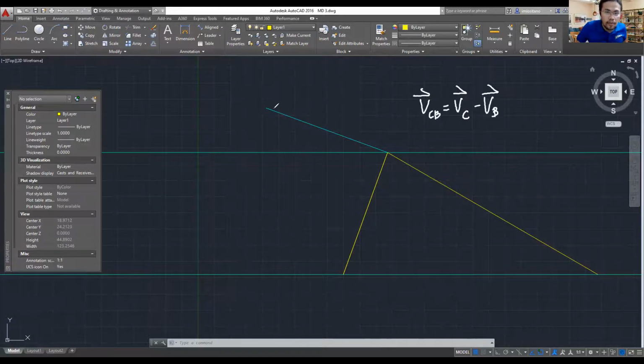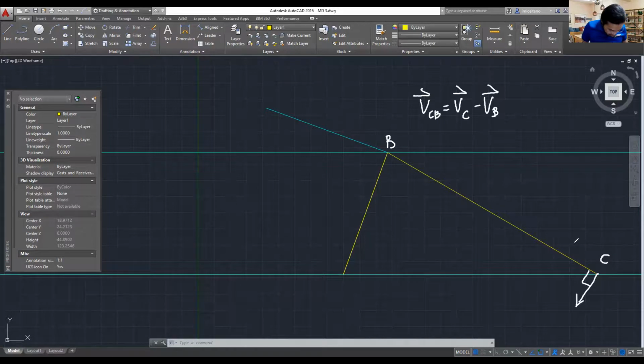Now, how about the velocity of C with respect to B? It should again be perpendicular to that link. This is point B, this is point C at that given instant. So this is going to be the direction of V of C with respect to B, or the velocity of C relative to B, 90 degrees.